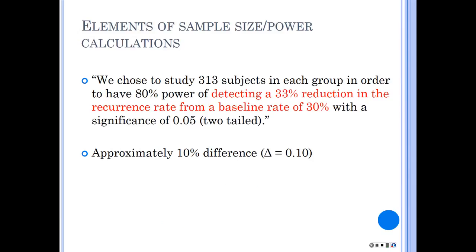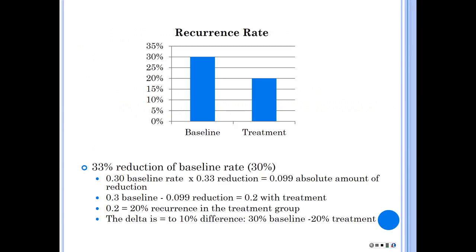So we have to take 33% times the baseline rate to get that delta. You can see here in the example, we take 0.3 times 0.33, which is our reduction. So 0.099 is our absolute amount of reduction.